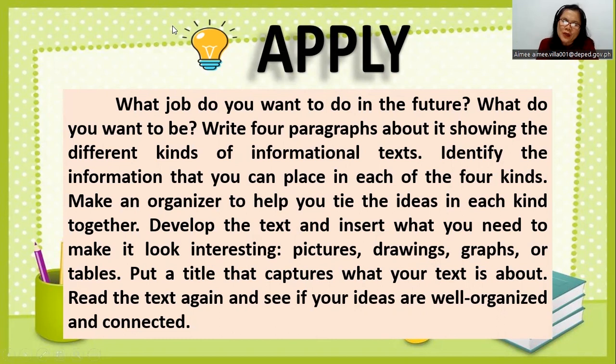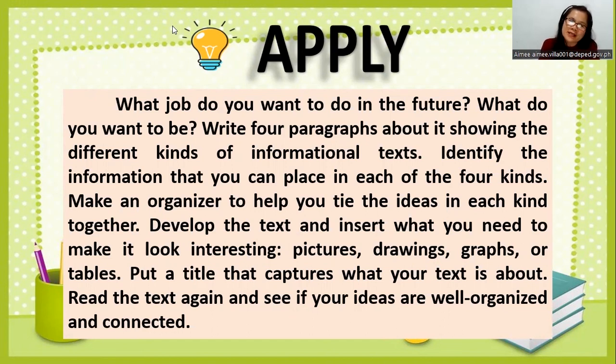Now you're going to apply what we have learned today. What job do you want to do in the future? What do you want to be? You're going to write four paragraphs about it, showing the different kinds of informational text. Identify the information that you can place in each of the four kinds.